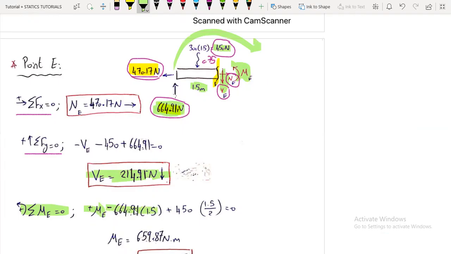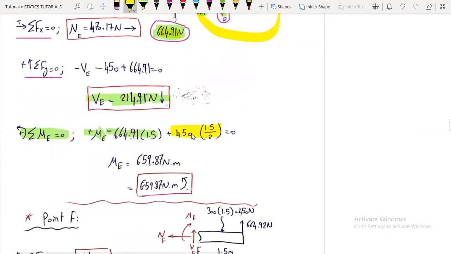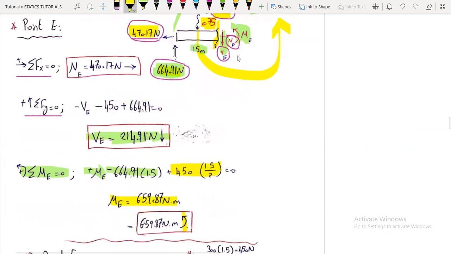Okay, and finally, this resultant force, which is the 450 newtons, multiplied by the distance, which is 0.75, and since it's acting counterclockwise, it will be positive, equals to 0, and we'll get the moment in newton-meters, and since it's positive, our assumption regarding the direction is correct, so it's acting counterclockwise.